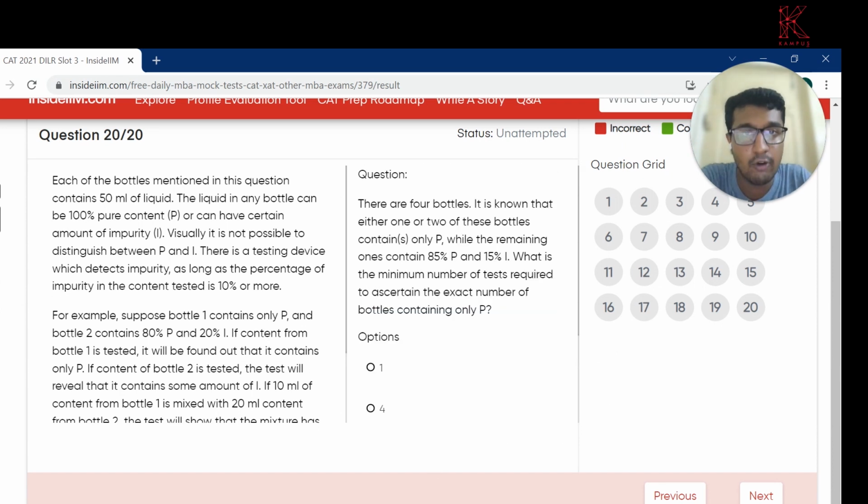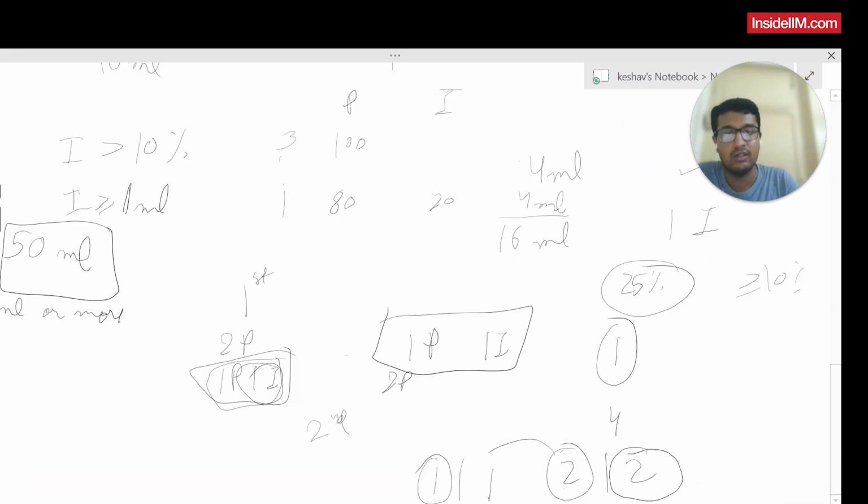Last question. There are 4 bottles. It is known that either one or two of these bottles contain only P, while the remaining ones contain 85% P and 15% I. What is the minimum number of tests required to ascertain the exact number of bottles containing only P?